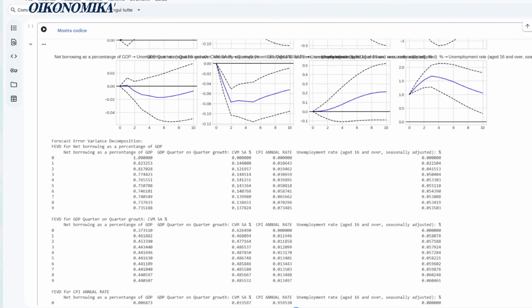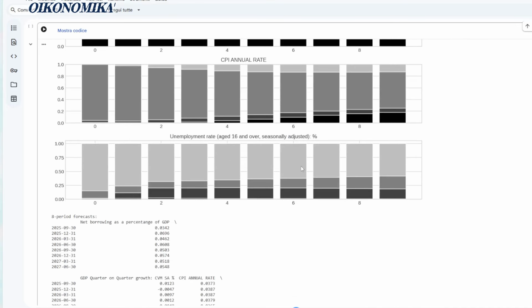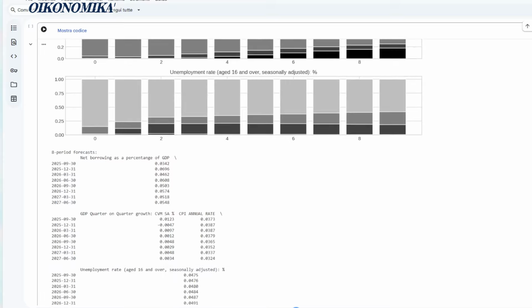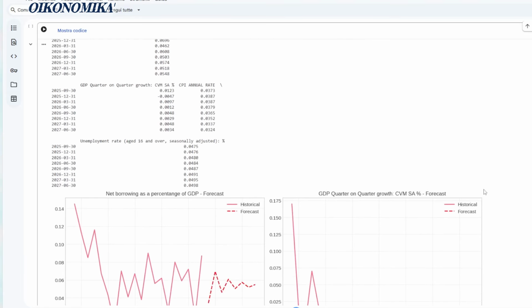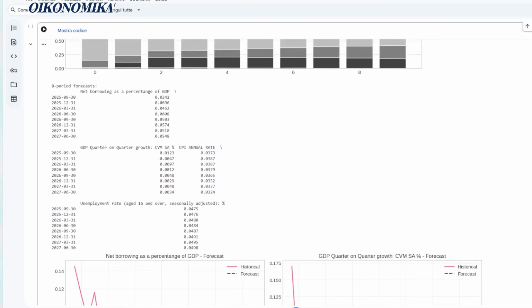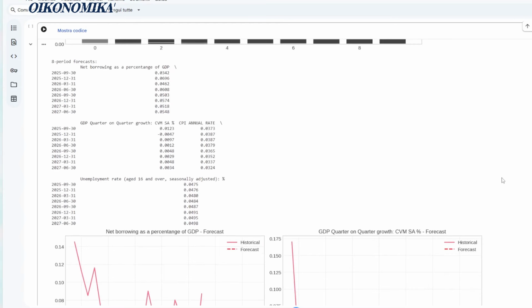And that's the chart for the error variance decomposition. Here we have some sort of projection that the VAR model is able to do, and I cannot place certainty on the forecast, because you have seen that the eigenvalues are not within the unit circle, so the model is slightly unstable.